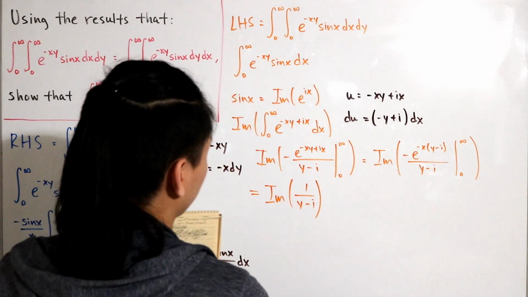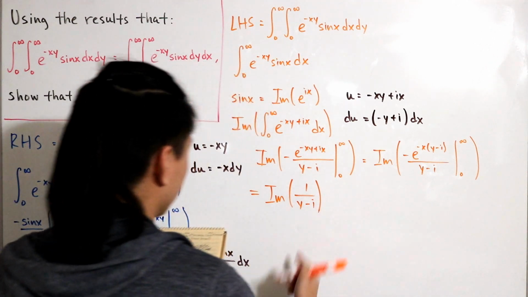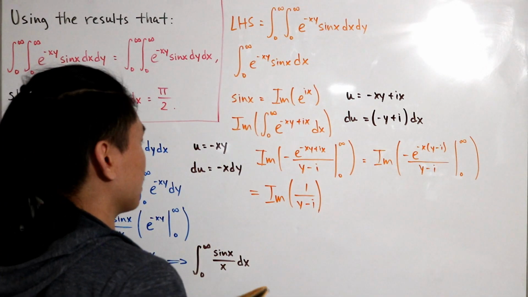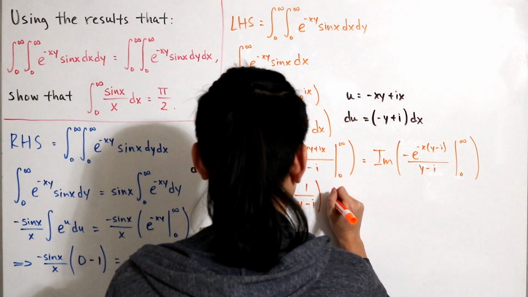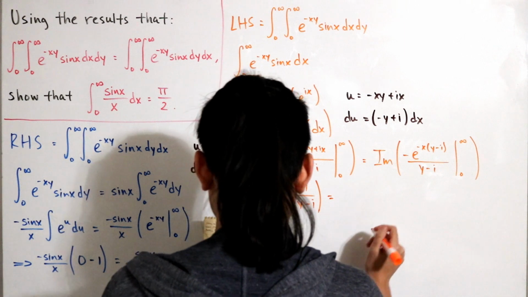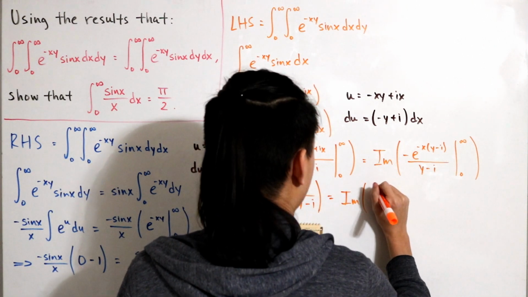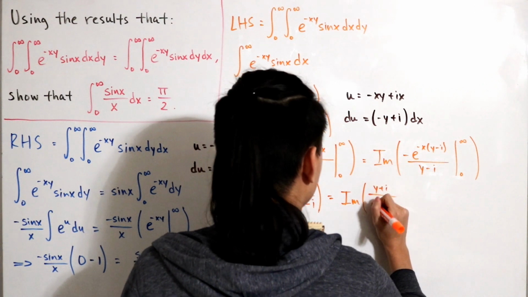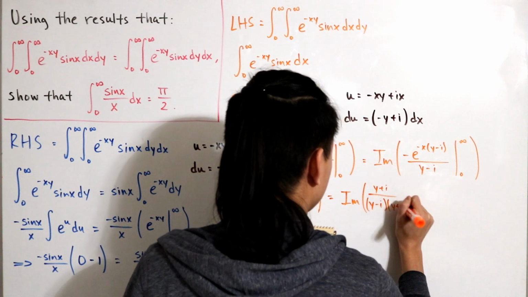So that's a little bit difficult to proceed from here, but it's actually not that difficult. Because there's a negative i on the bottom, when you're dealing with complex numbers, you don't want the imaginary unit in the denominator. So you can just multiply by its conjugate on both the top and bottom. By doing so, on the top is y plus i, and on the bottom, y minus i times y plus i.